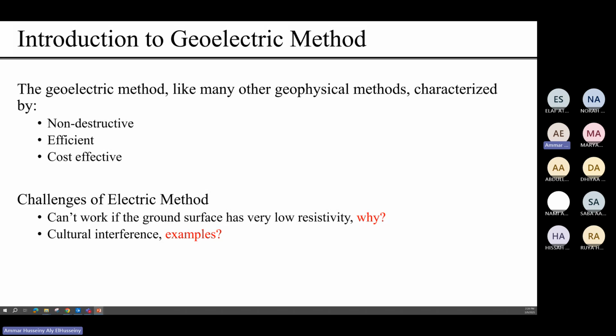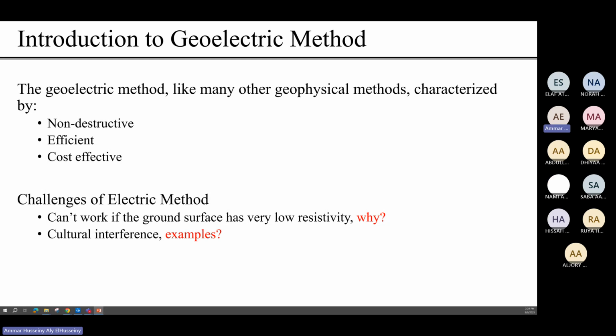If it is extremely conductive, it can short circuit the current, which means the current will not go deeper. And if it is extremely resistant, the current that you inject cannot penetrate the subsurface. So these are some of the limitations of the electrical method that you need to be aware of.